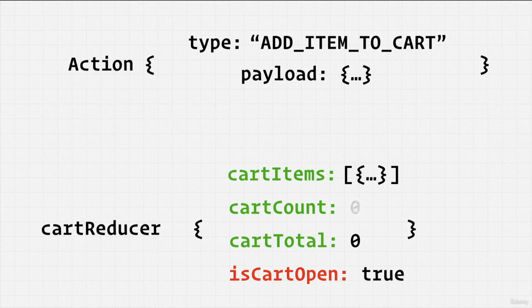Cart count updates its count, and cart total updates its total value to whatever the new cost is. This flow of actions modifying cart reducers is the key thing of how reducers are different than how we're currently storing our context state inside of our cart context.